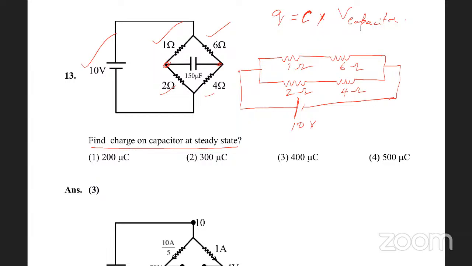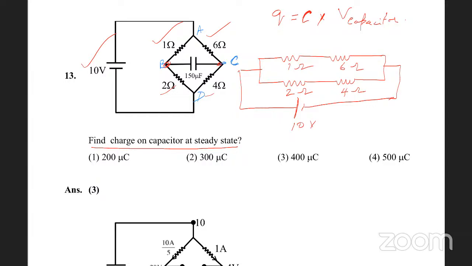So let us calculate the potential difference across the capacitor. You call these points A, B, C, D.